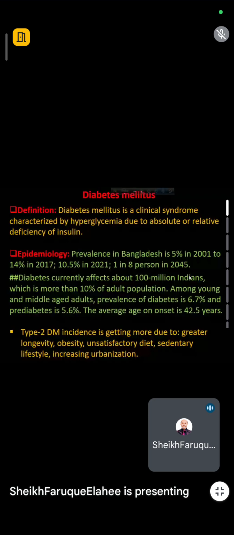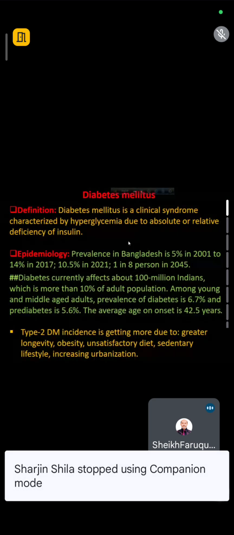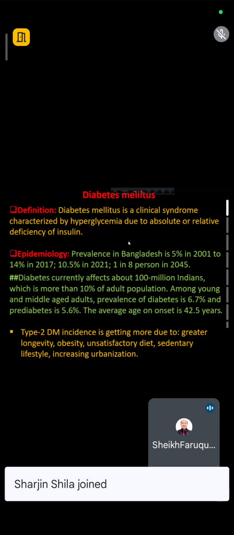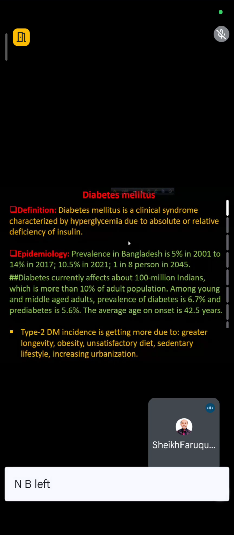Now, why is diabetes mellitus caused? I said this is due to deficiency of insulin. Now, this deficiency may be absolute or relative. Absolute means the pancreas itself cannot produce insulin, because most of the insulin producing cells are atrophied, died.